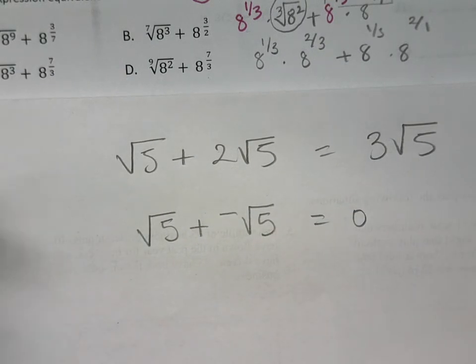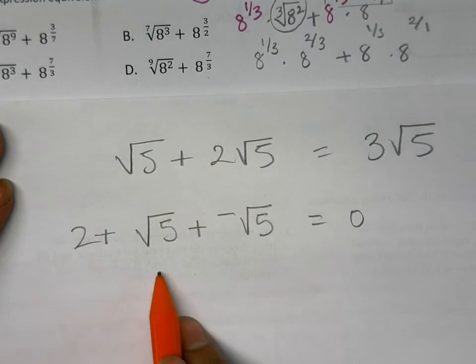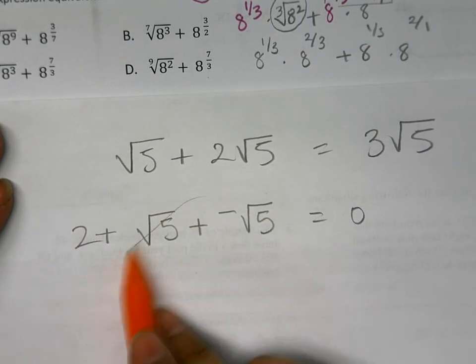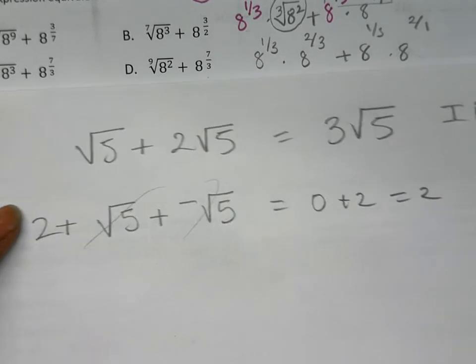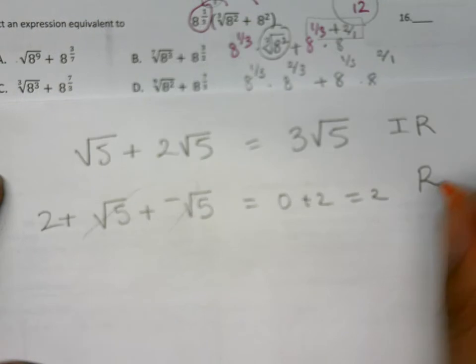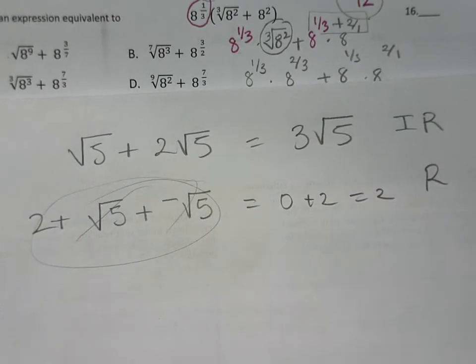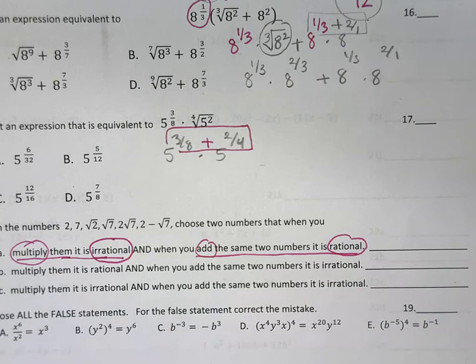Yes. All right, so what if I put a 2 here? 2 plus root 5 plus negative root 5. Would those cancel out and give me 0 plus 2 or just 2? Rational or irrational? Okay, so this is what I'm trying to do. I'm trying to add where the radicals cancel each other out. They're opposites. So can you give me two of them here where that would happen?